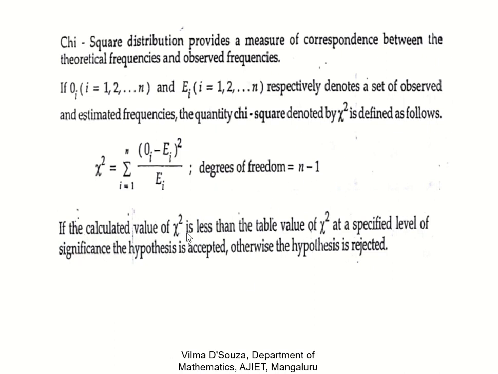When the calculated value of chi-square is less than the table value of chi-square, you accept the hypothesis, otherwise the hypothesis is rejected. Again you have chi-square 0.05, chi-square 0.01, depending on the degrees of freedom.